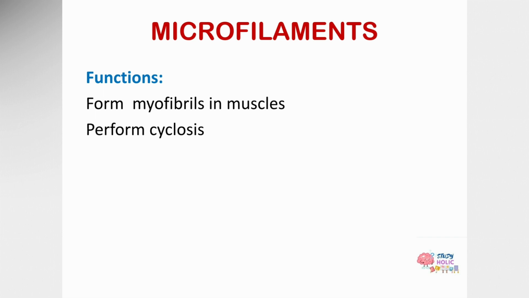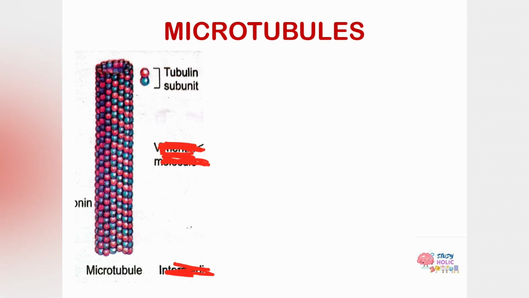Now let's move on to the next cytoskeleton component, that is microtubule. We have discussed the microfilaments, and I'm moving towards the microtubules. Here is the diagram of the microtubules I have attached and I'll be discussing through it.